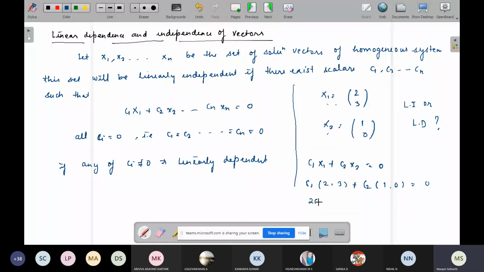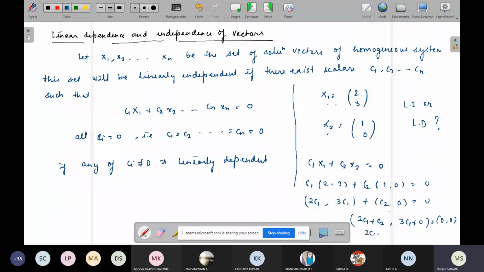So this is 2c1 and 3c1, comma, c2 and 0. That means here also 0, 0 form, right? Now how to add two brackets? First component: 2c1 plus c2, comma, 3c1 plus 0. So this is equal to 0, 0.